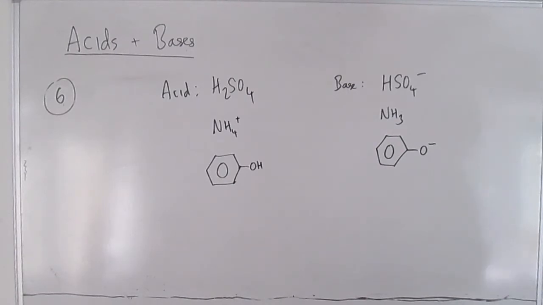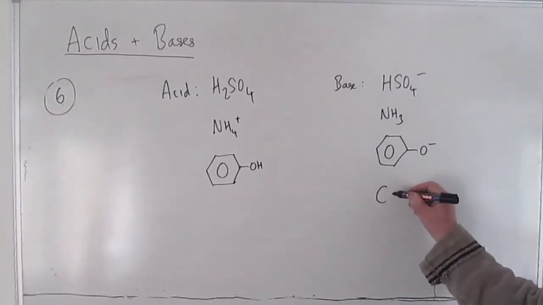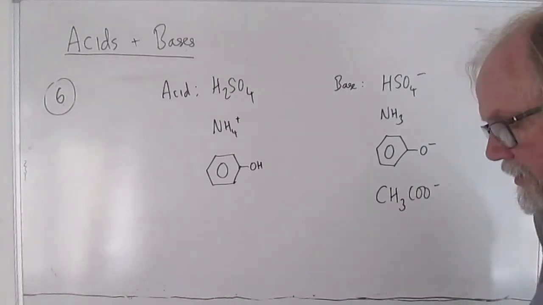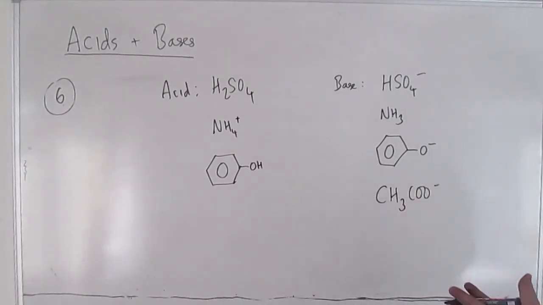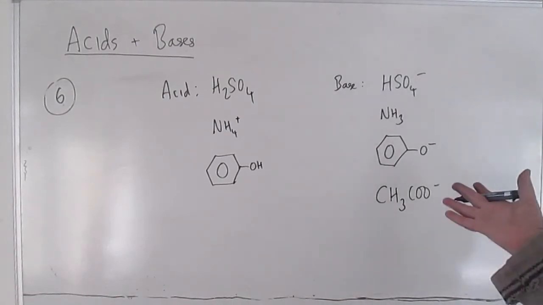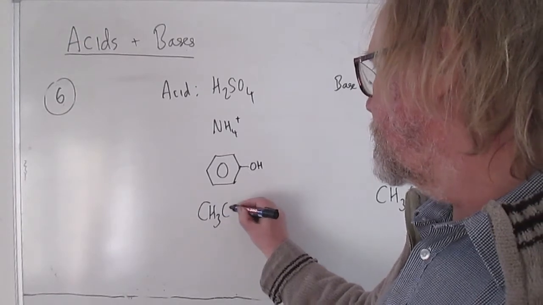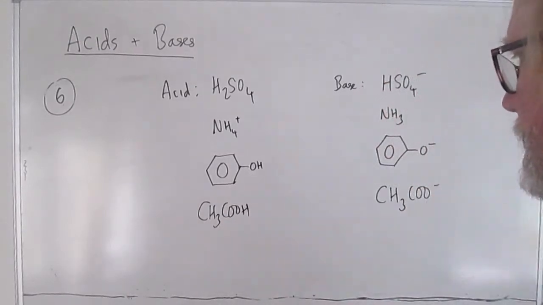The fourth one is ethanoate, CH3COO-. So that's a base, therefore it's going to act as a proton acceptor. If you add H+ to it, you get ethanoic acid, and that's the conjugate acid.